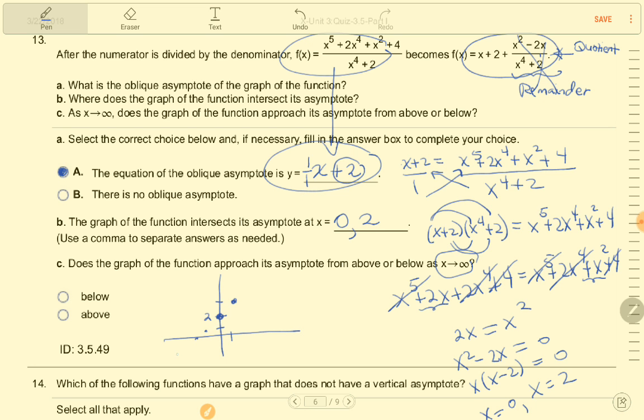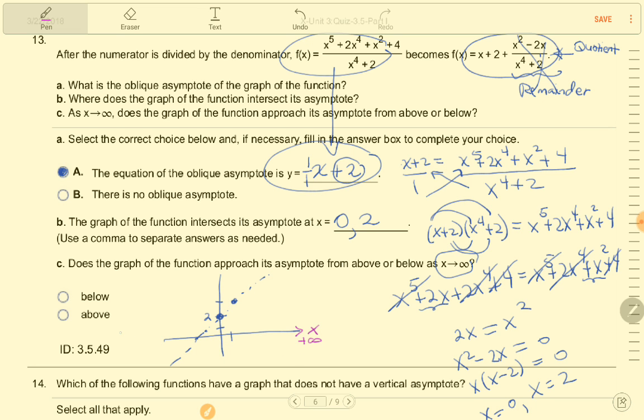It looks something like that, and there's a dashed line there. Then the function is going to behave a certain way as x approaches positive infinity. Positive infinity for x is this way.